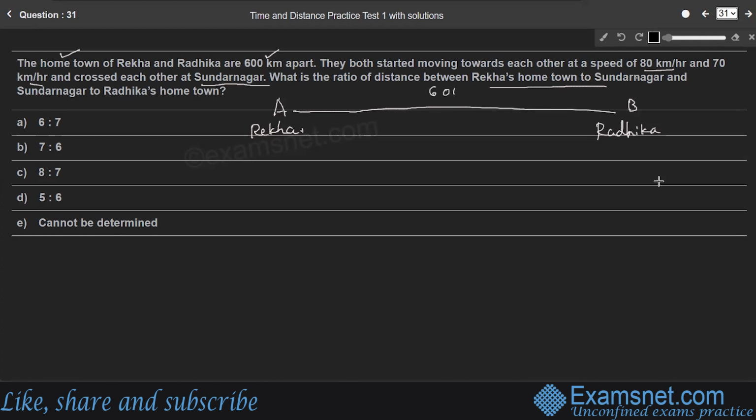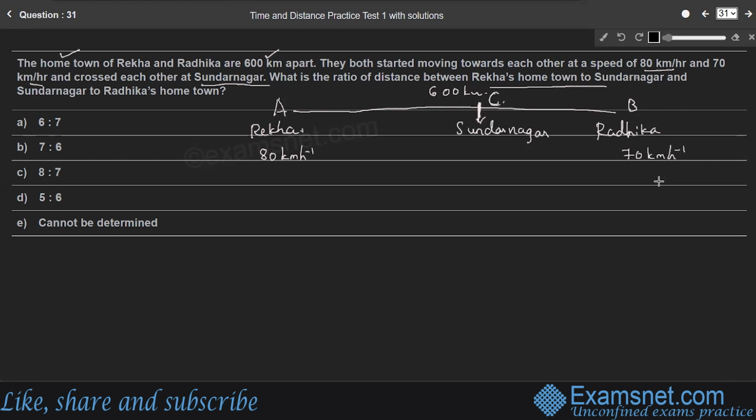They started moving towards each other at two different speeds, 80 kilometers per hour and 70 kilometers per hour respectively. And they crossed each other somewhere here at Sundarnagar. Let it be C.